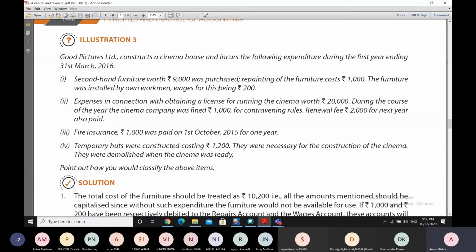So therefore, installation cost is part of the furniture cost. It will add to the cost of the furniture. So 9,000 plus 1,000 is the cost of the furniture, and thereafter wages are also being spent on installing the furniture, and therefore that is also becoming part of the cost of the furniture.